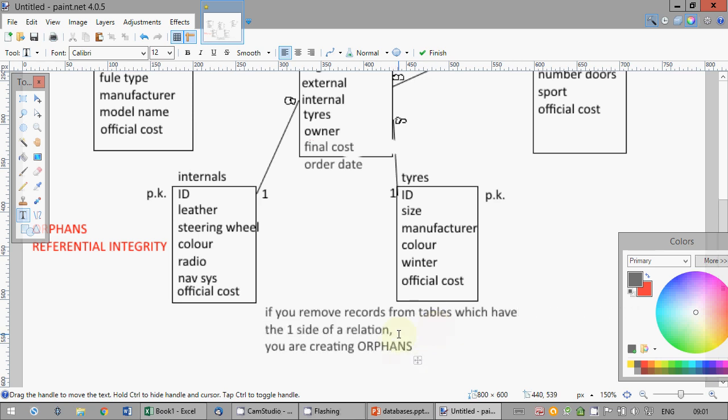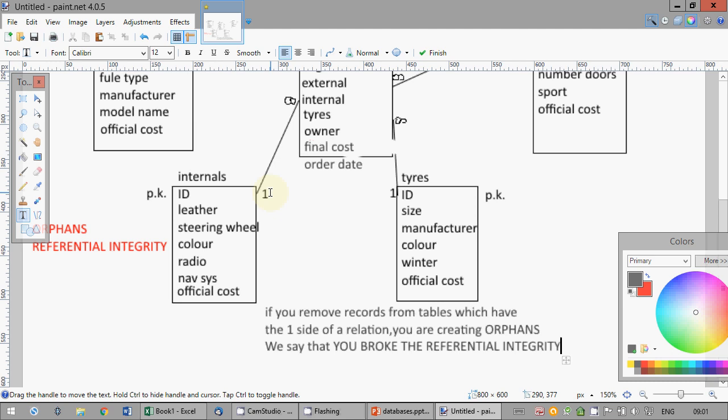We say that when you create orphans, you broke the referential integrity. So databases have this feature called referential integrity, which means that records in tables containing the one side of a relation can never be removed.